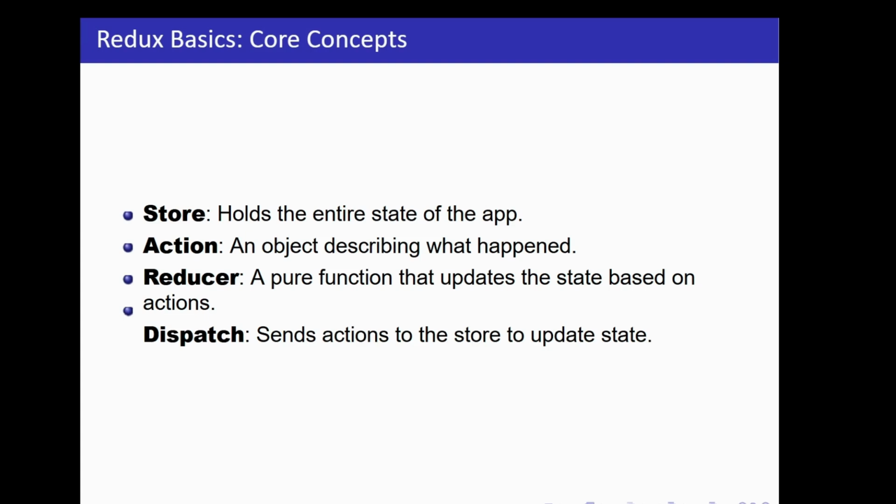Now, the reducer is a pure function that takes the current state and action and returns a new state by performing the task. And then there is dispatch, a method used to send an action to the store, as I told you.